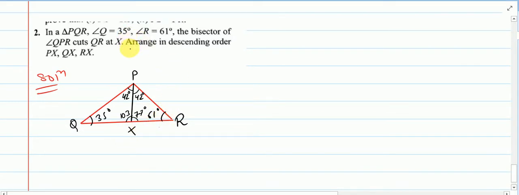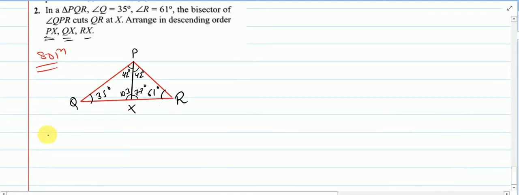Now what we are supposed to do is we need to arrange these sides PX, QX and RX in descending order. So you can see that PX is common for both the triangles. PX is common and this QX is part of triangle PQX and XR is a part of triangle PXR. Okay, so let's see.